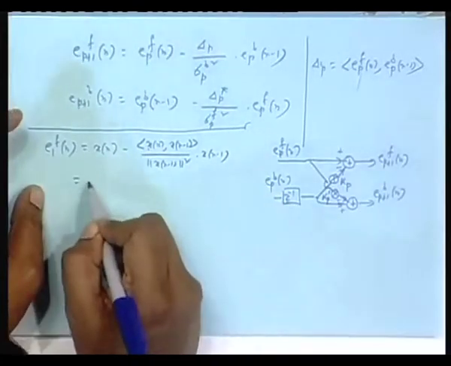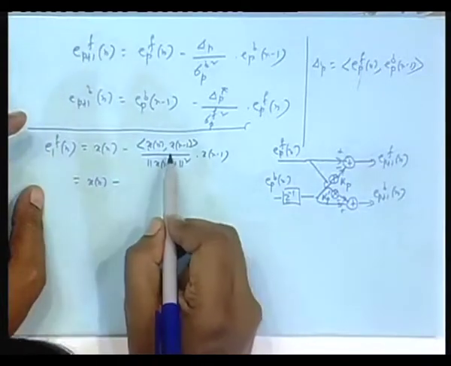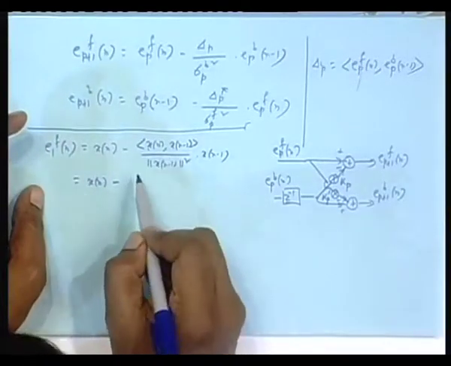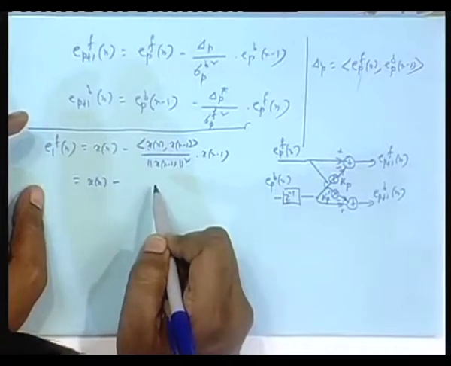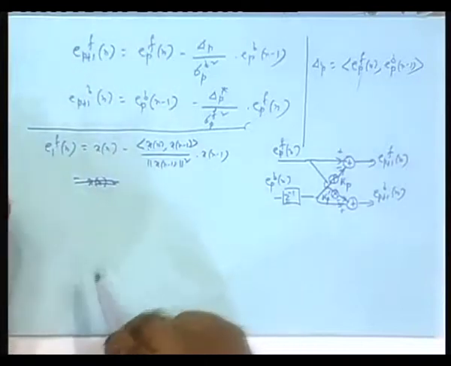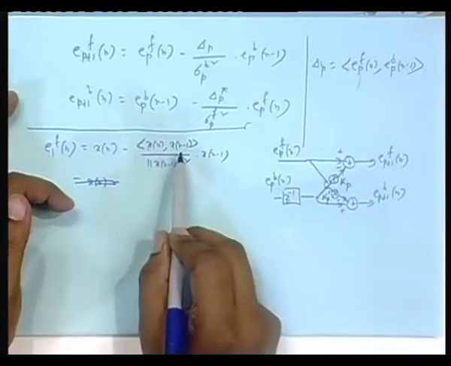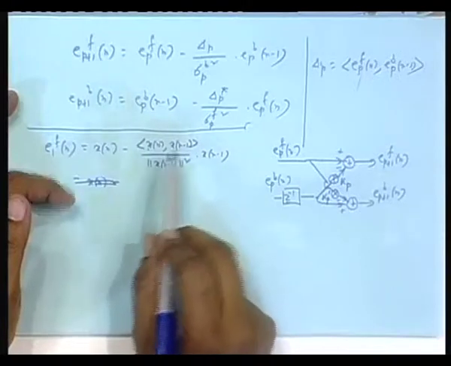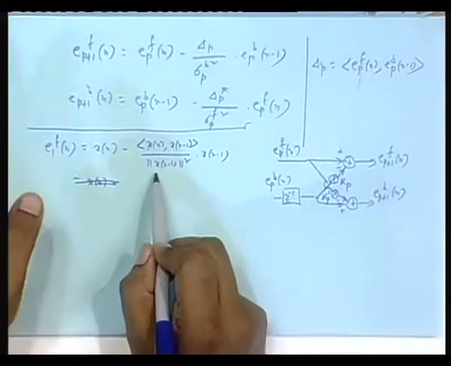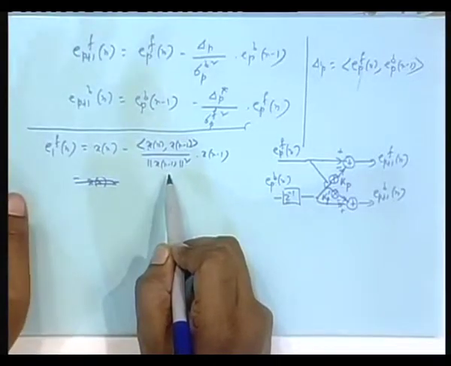Okay, and now we bring in those forms. What is this? Okay, I can even keep it like this. But physically I know what it is. It is expected value of Xn, Xn minus 1 star. That is correlation with lag 1. And what is this? This is nothing but variance, independent of n. So n or n minus 1 does not matter.